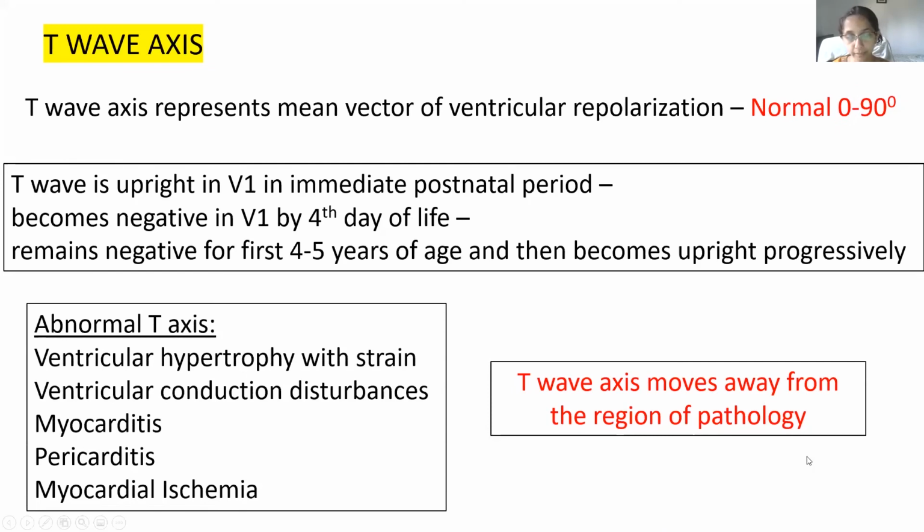What does it mean? If I have an insult, for example, I have pericarditis near the apex of the heart, then my T wave axis is going to be away from the apex of the heart. So it is going to be away from the region of pathology.